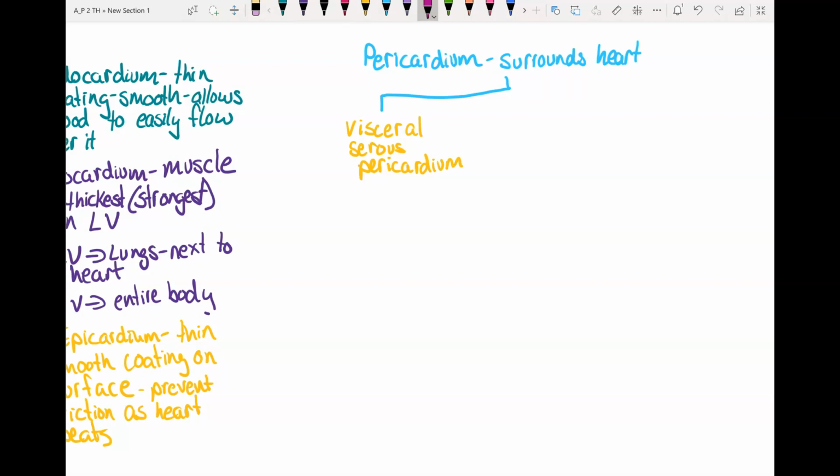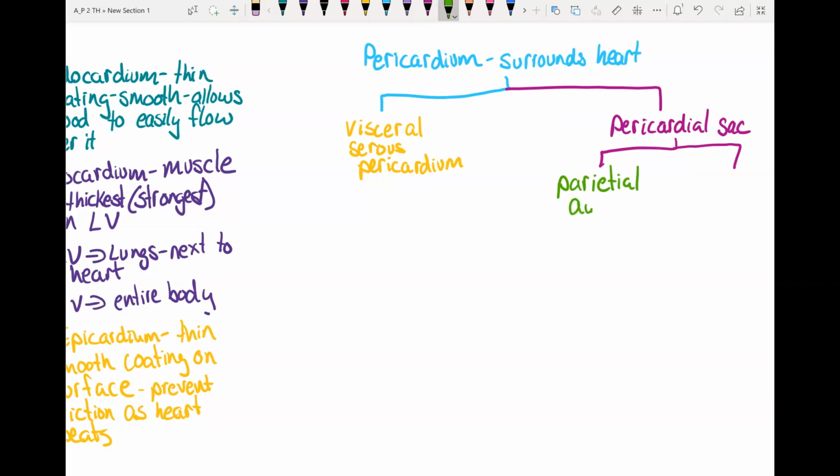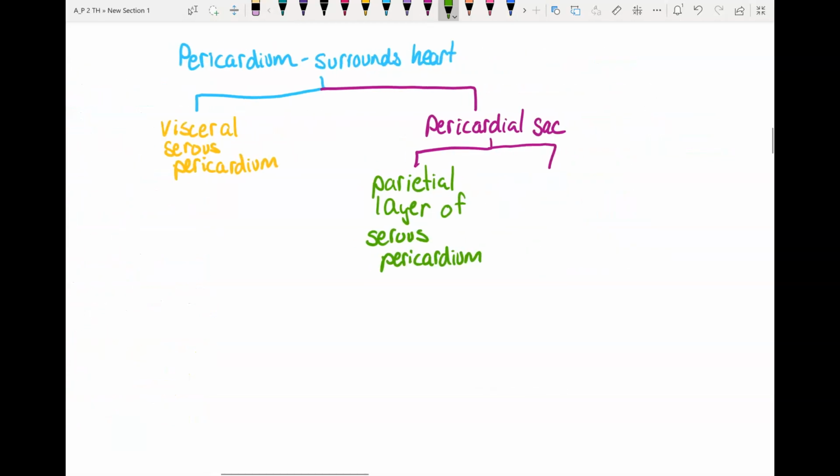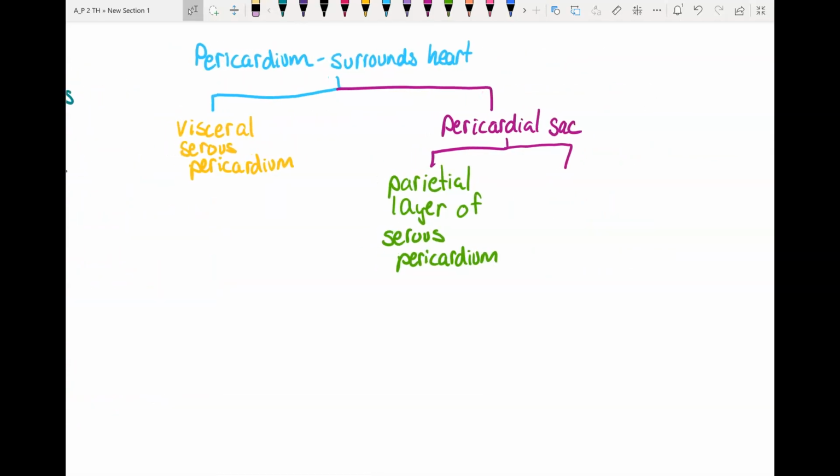Then we're going to have the pericardial sac. And this is divided into 2 parts. We have the parietal layer of serous pericardium. And then you also have the pericardial, or the fibrous pericardium.